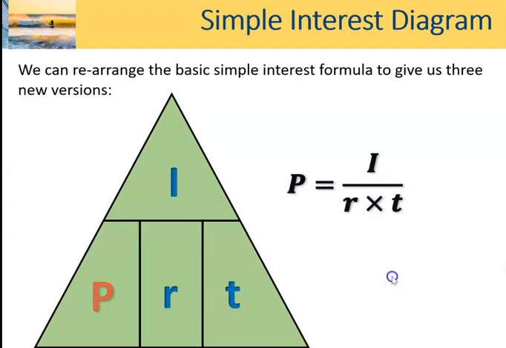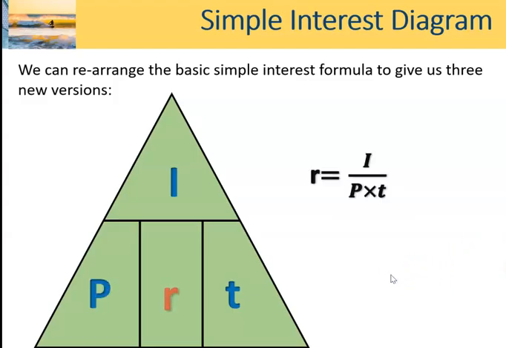And it's the same for the other two. Your rate equals your interest divided by your principal times your term. And your term equals your interest divided by your principal times your rate. If you remember that triangle, it makes remembering the rest of the formulas easy.